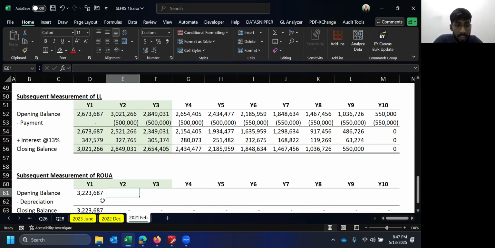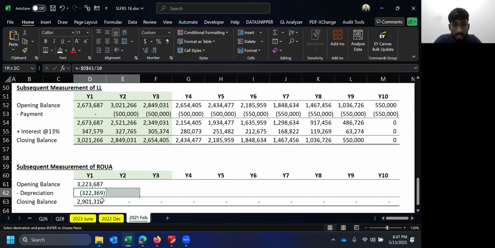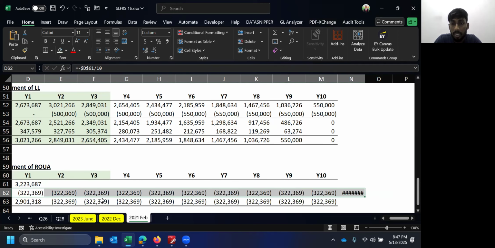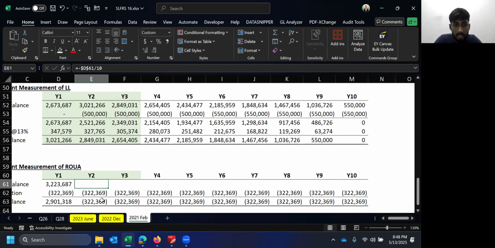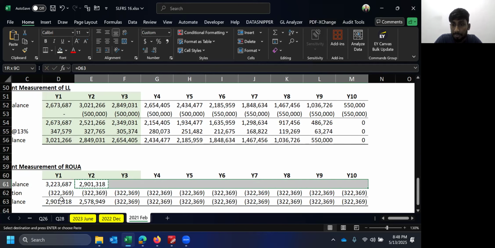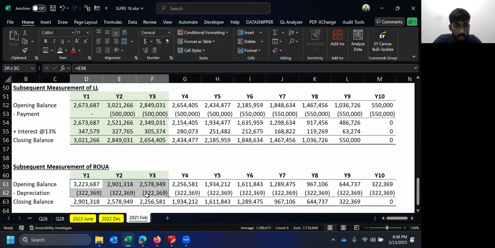So I have that figure. Then I need to depreciate this opening cost over how many years? 10 years. Over 10 years, so my annual depreciation will not change. So accordingly, I am doing the amortization schedule like this. For the right of use asset also, it is sufficient for the first 3 years.